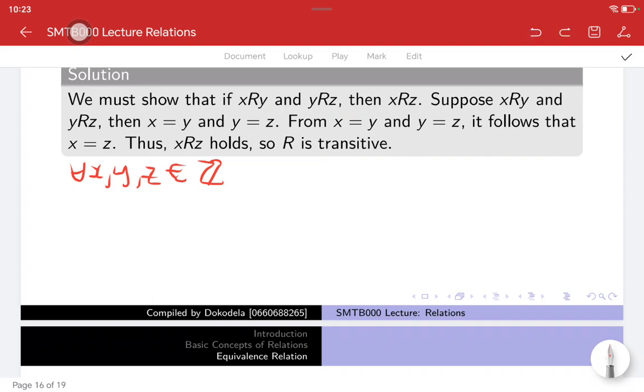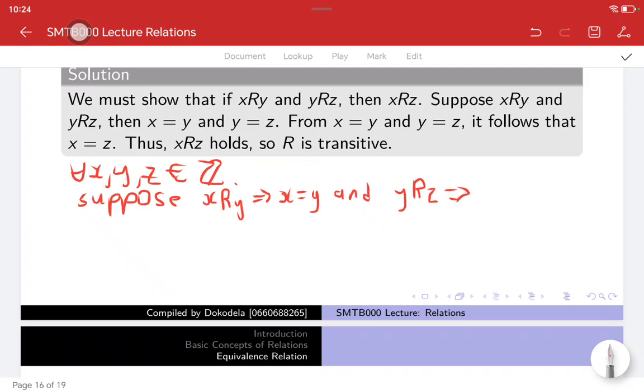So I'm going to suppose that X is related to Y, which implies that X is equal to Y, and also Y is related to Z, which implies that Y is equal to Z. The aim is to show that X is related to Z.